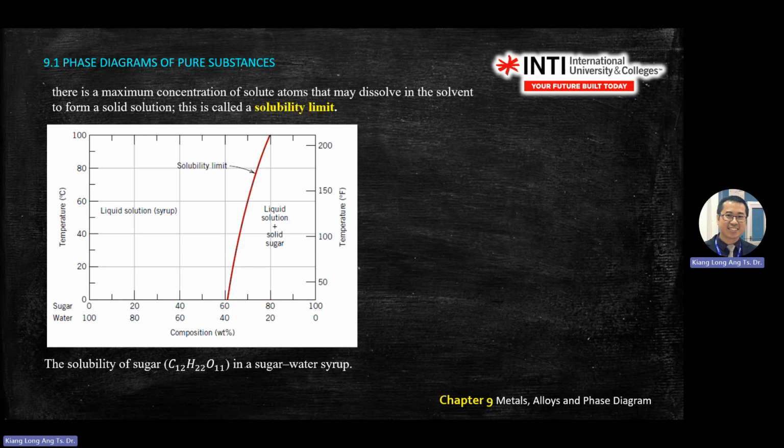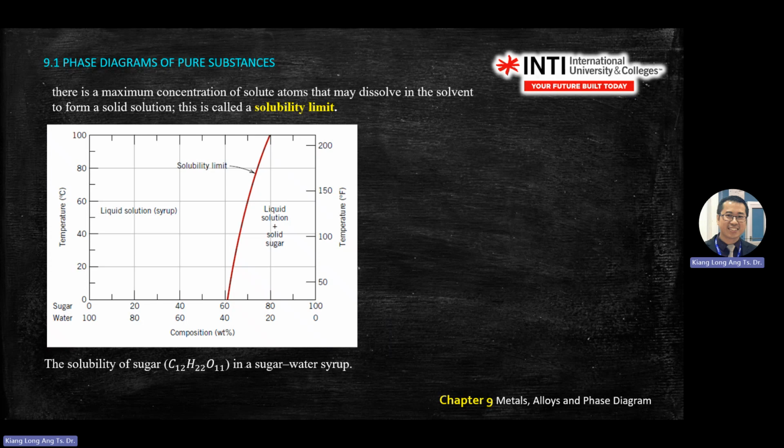Okay, now we plot a graph in a chemical understanding. So we have temperature and composition, weight percentage. You already learned how to calculate the weight percentage earlier.